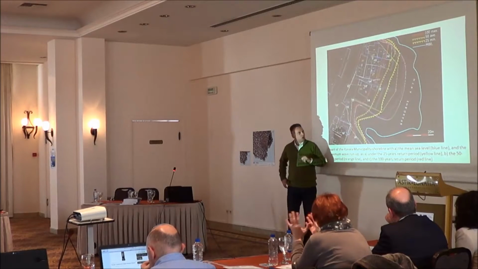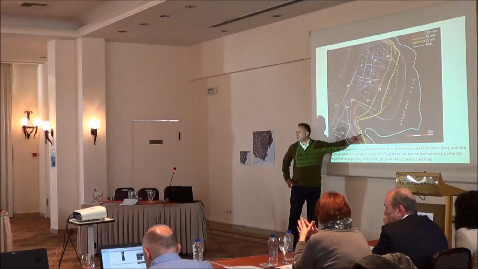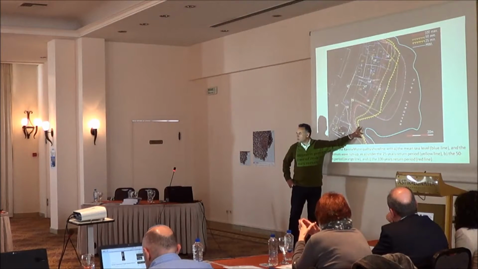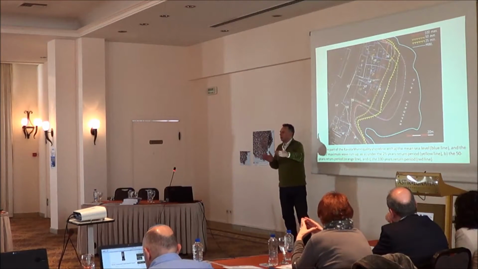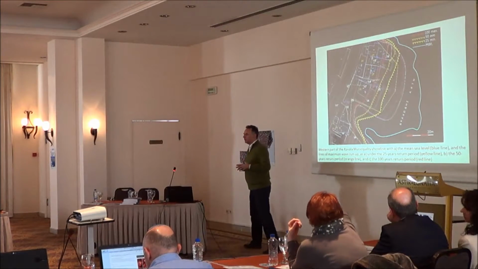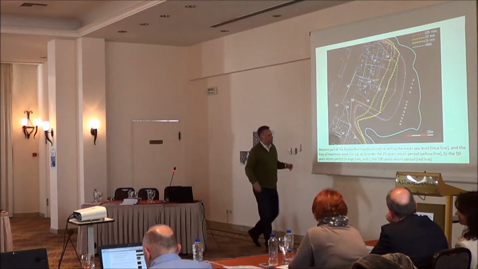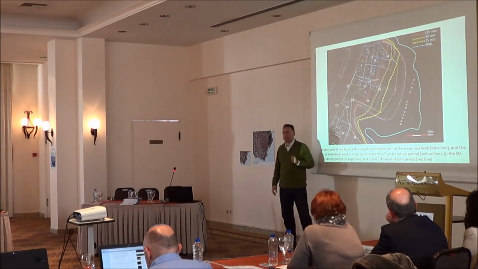It's 10 meters. So from the baseline we have to draw another line 10 meters in, not from the blue line, from the red line, from whatever line you believe is the most appropriate.